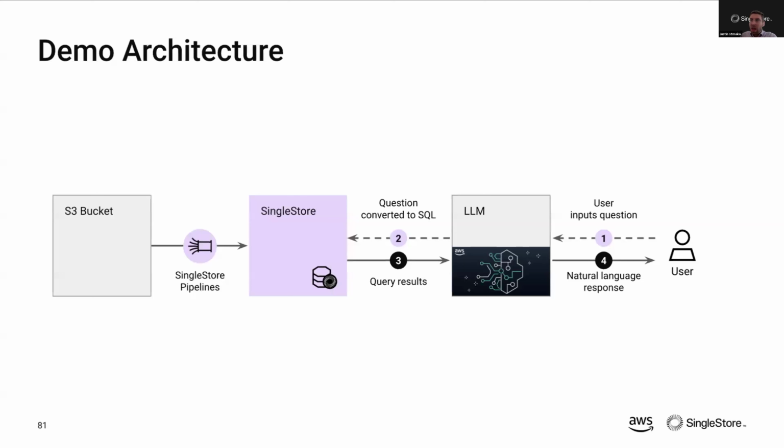Cool. Okay. And so if we think about this really simplistic architecture, here it is, right? Let's focus on SingleStore and go from the left, and then we'll go to the right. So in this scenario for this demo, SingleStore is sitting as really the nexus between our LLM, our transactional, analytical, and vector capabilities. So data has been written in from an S3 bucket. We took this data from the Amazon store.